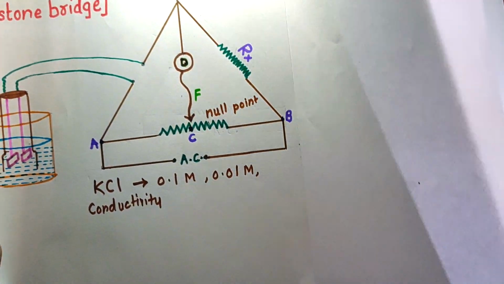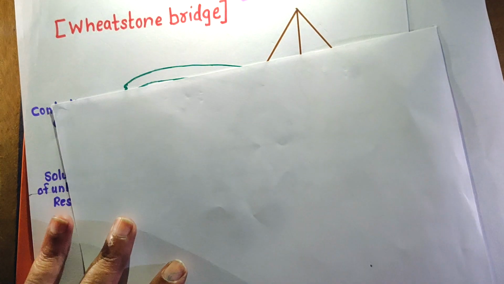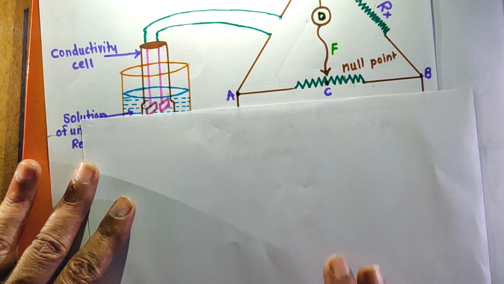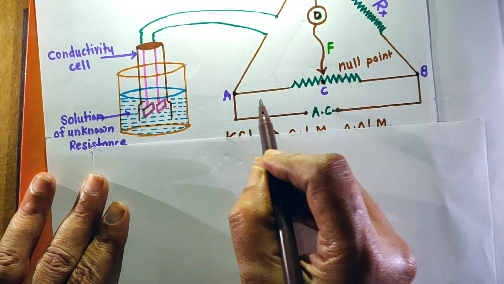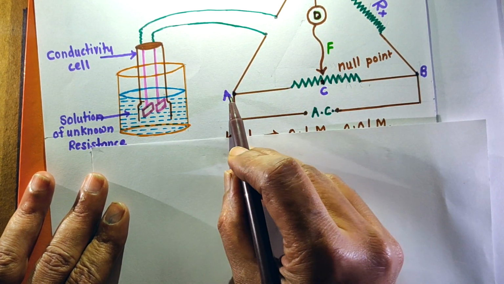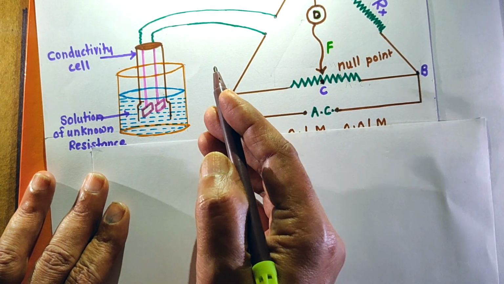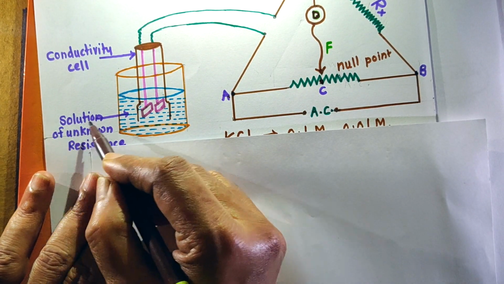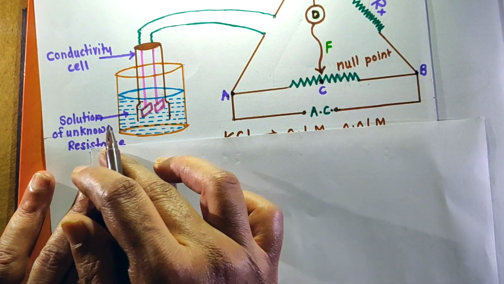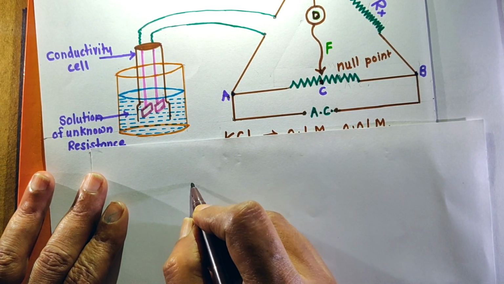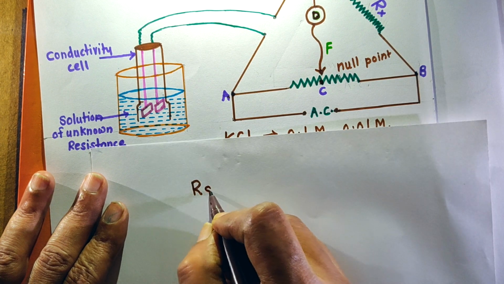Now according to the Wheatstone bridge principle, you can see here the length on this side is length AC, and it will be proportional to the resistance, which we have called the unknown resistance, or the resistance of the solution.